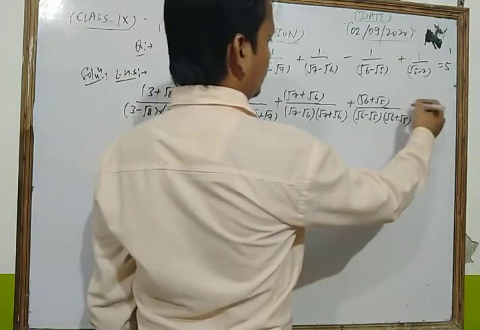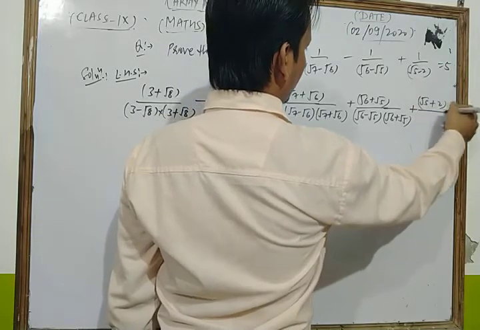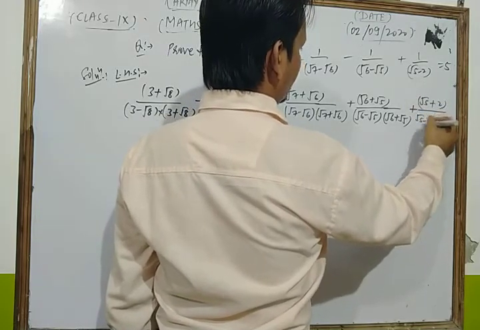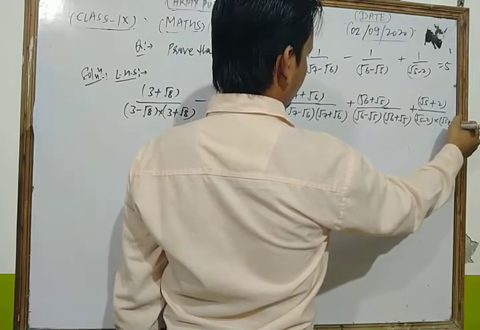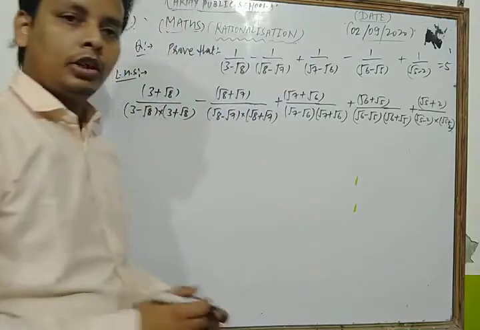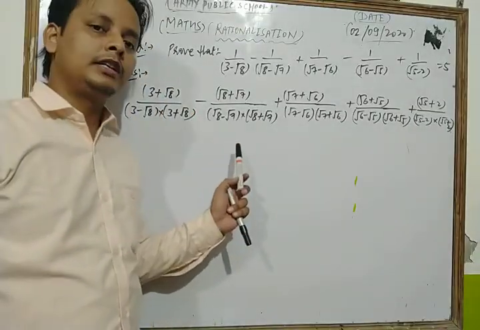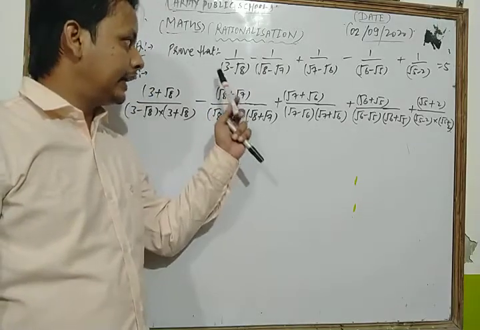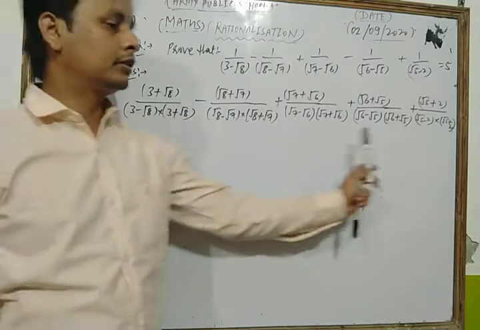Now here, the same process, root 5 plus 2 upon root 5 minus 2 into root 5 plus 2. Now, dear student, we must rationalize each term of that question. So after rationalizing them, we get this value.